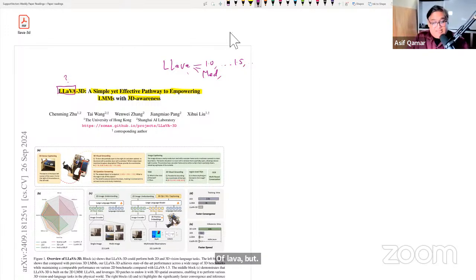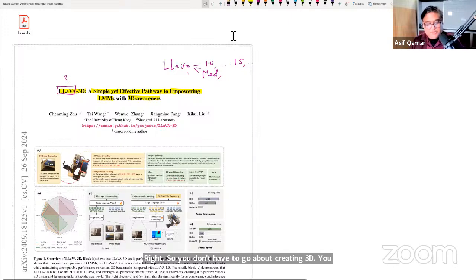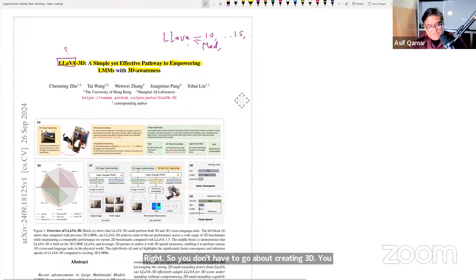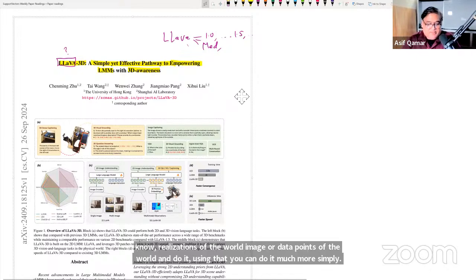What it says is that if you want to create 3D awareness and imbue LMMs with the ability to interpret and understand 3D, you can do it using simple yet effective methods. So you don't have to go about creating 3D realizations of the world, image or data points of the world, and do it using that. You can do it much more simply. So that is what the paper is about.